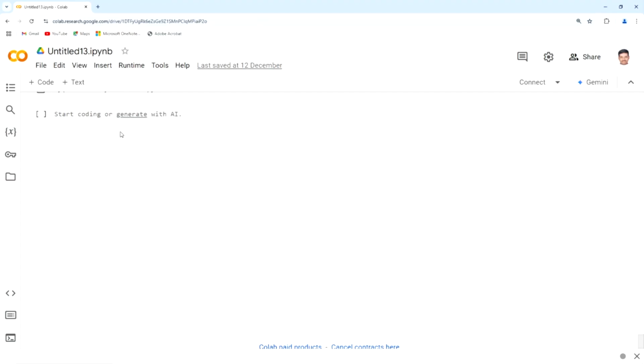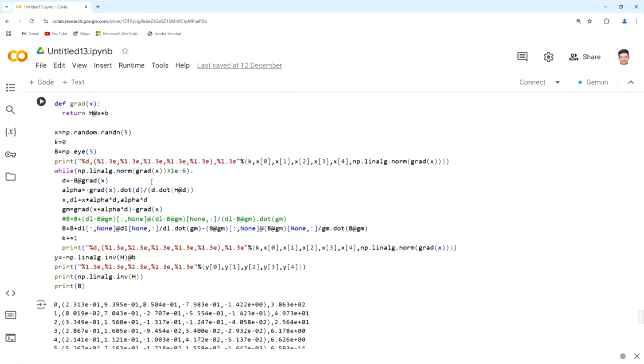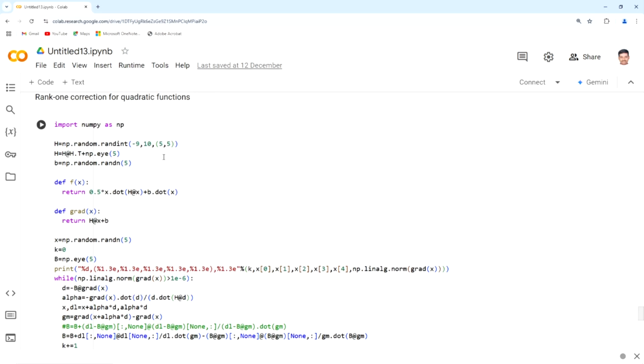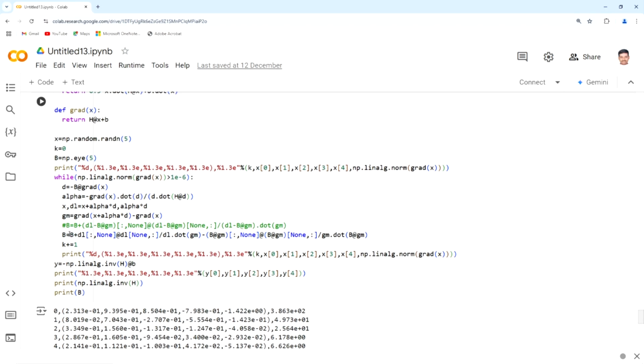Let us work out the same problems that we had worked for rank 1 correction and DFP method using the BFGS method as well. Let us start with the quadratic function, 5 cross 5. This line was for rank 1 correction and this for the DFP method.